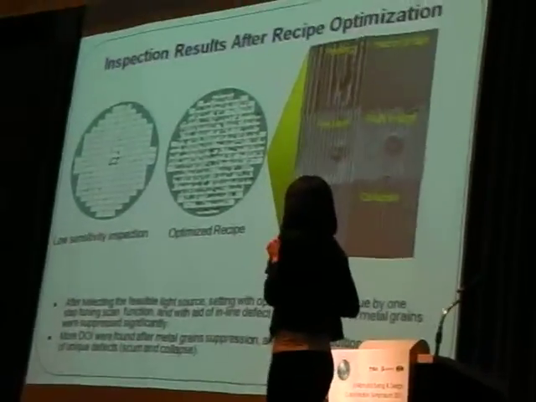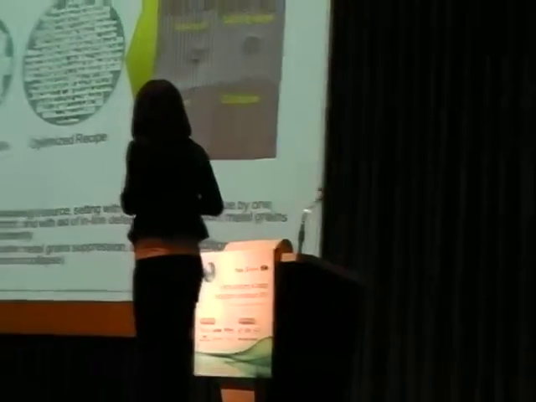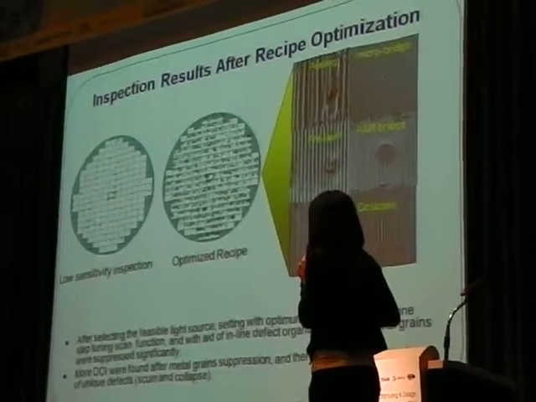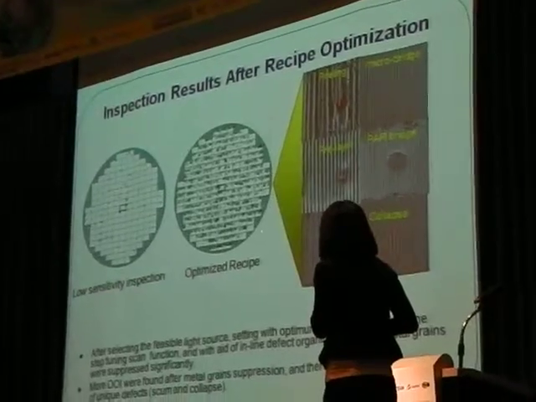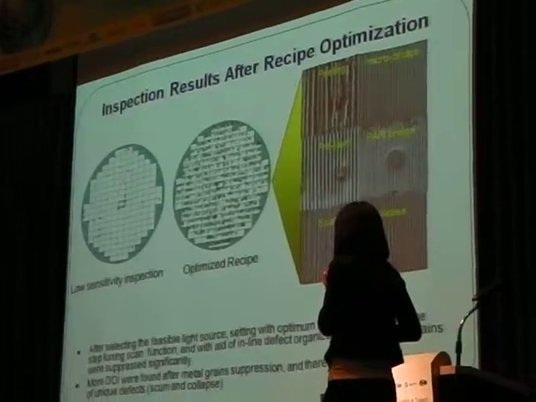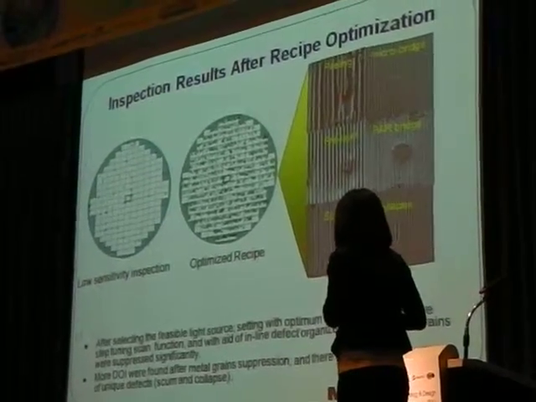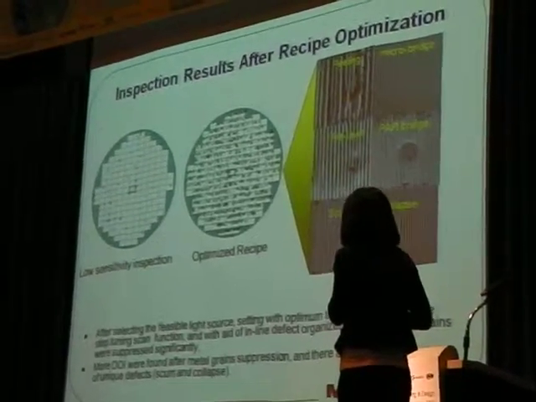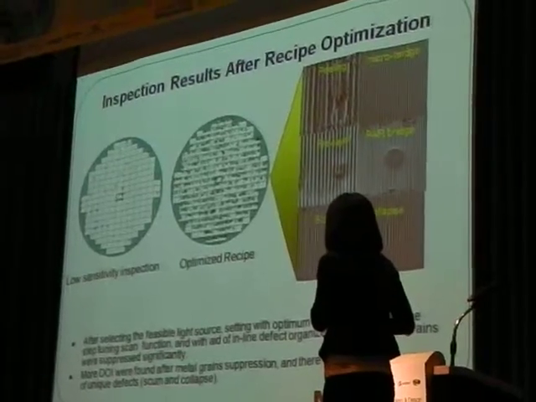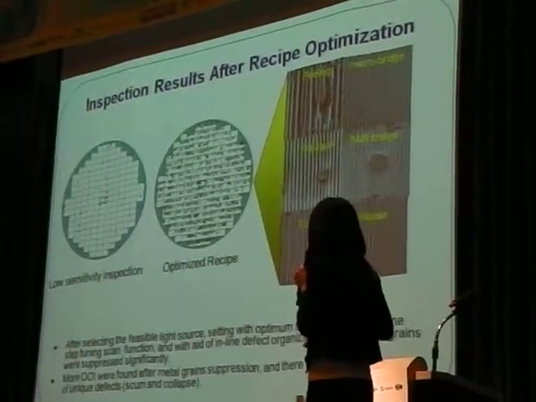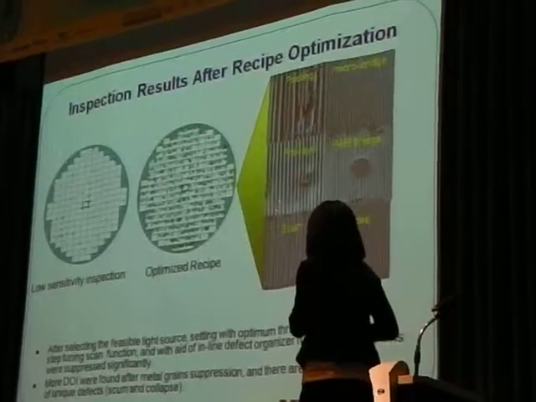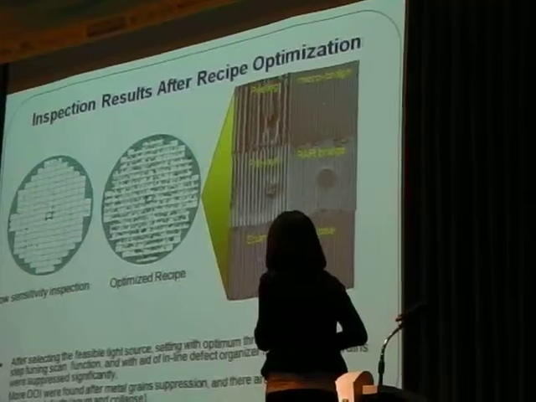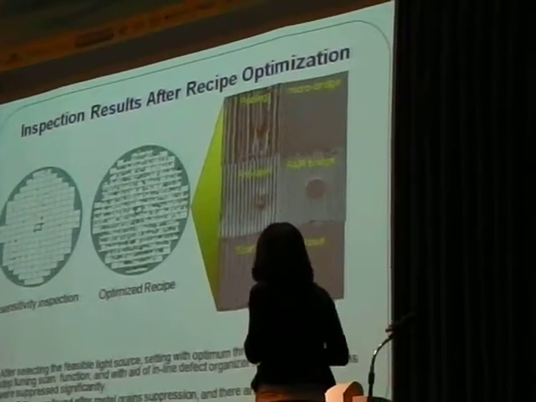Now, the inspection result after the recipe is optimized. The left side is the low sensitivity inspection, and the right side is the optimized recipe. After we select the feasible light source and set the optimized ratio, with the inline defect organizer function, metal ground separation is achieved, and more DOI are found after metal ground separation, and there are 2 additional types, scum and collapse.